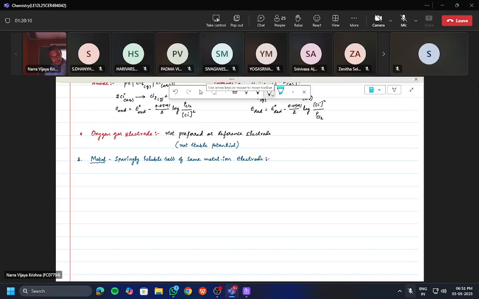Metal sparingly soluble salt of that same metal ion electrode.